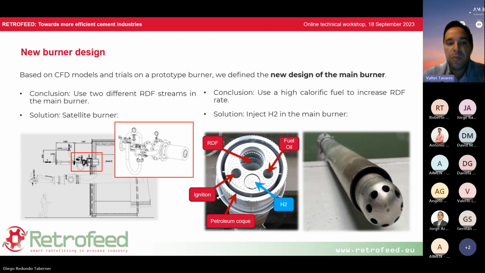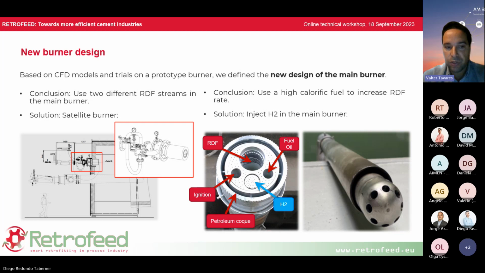It may be possible to combust up to 90% of RDF by using an additional reactive fuel like hydrogen. The use of hydrogen in the kiln burner increases the RDF ignition, brings the flame closer to the burner, stabilizes the combustion, increases the temperature peak inside the kiln, and reduces the CO2 emissions.